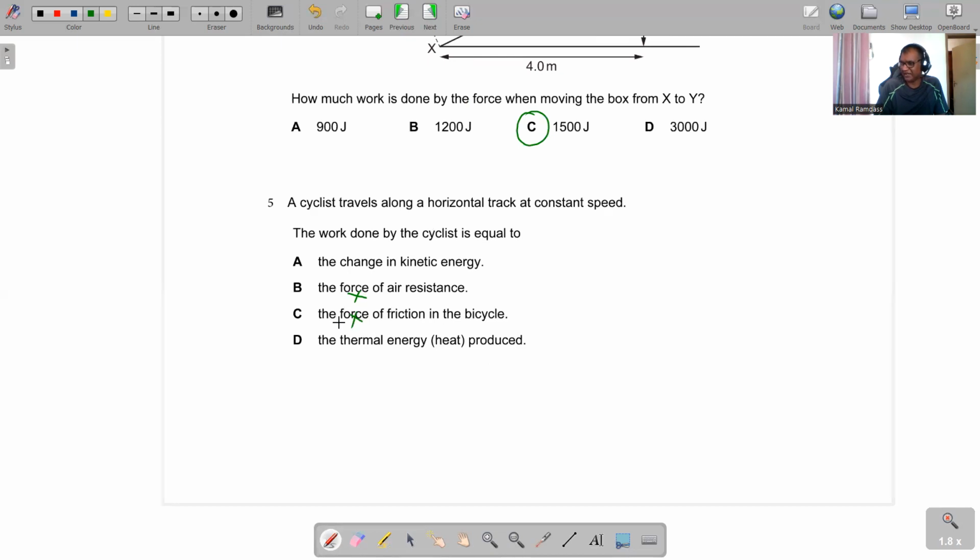Work done est égal à energy or change of energy. OK? Est-ce que the kinetic energy has changed? Constant speed. It can't change. Therefore, the only valid answer is equal to the thermal energy produced. Contient produce thermal energy, tout simplement. Et against the air resistance, etc., in the friction of the bicycle parts.